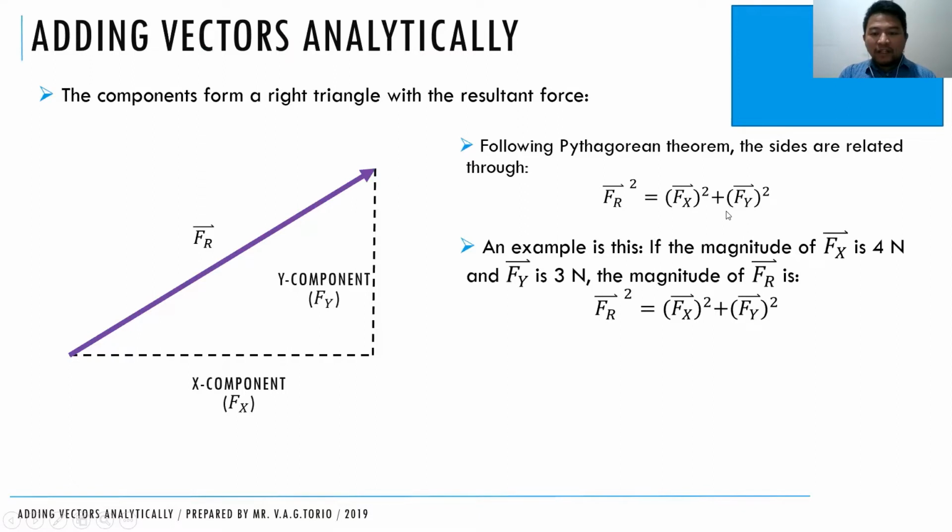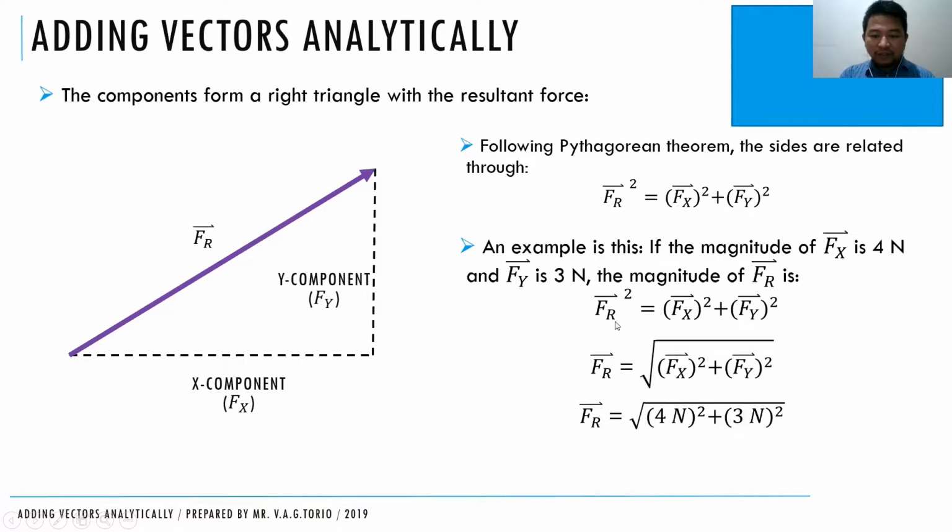We can now consider a particular example wherein the components F sub x and F sub y are given. The value of F sub x, for example, is 4 newtons, and the value of F sub y is 3 newtons. We now can determine F sub r, or the magnitude of the resultant force. That means the length of this particular vector, using the Pythagorean relation.